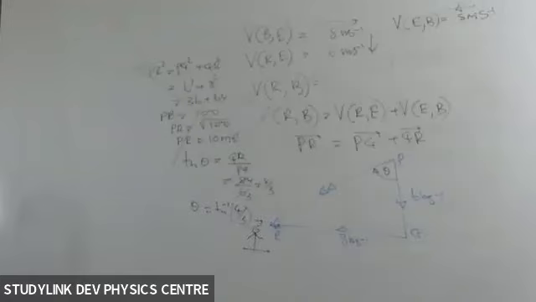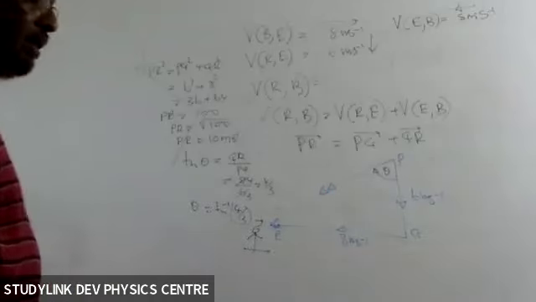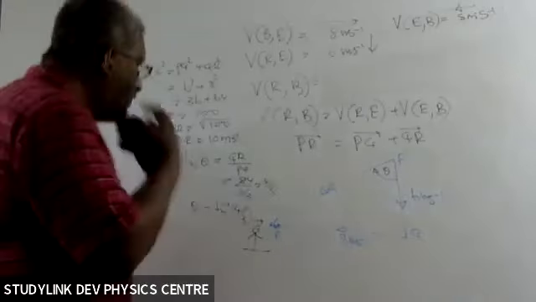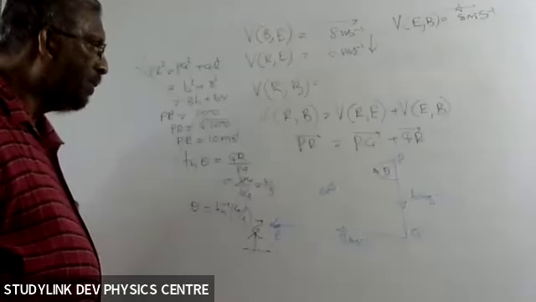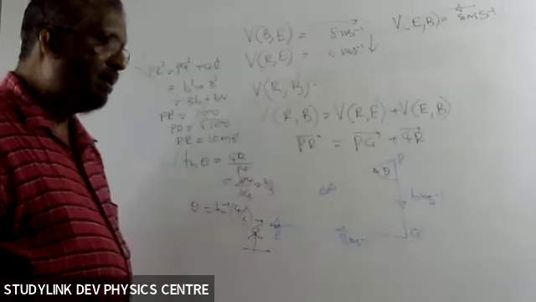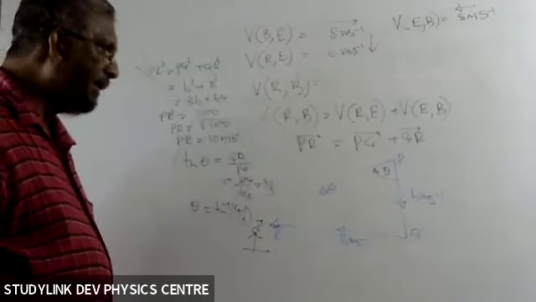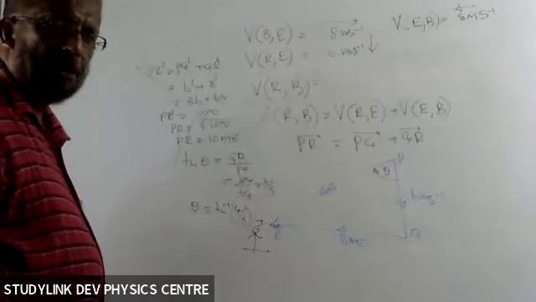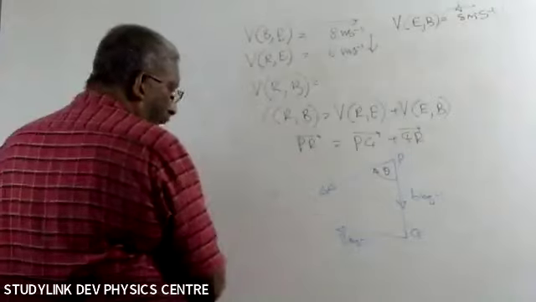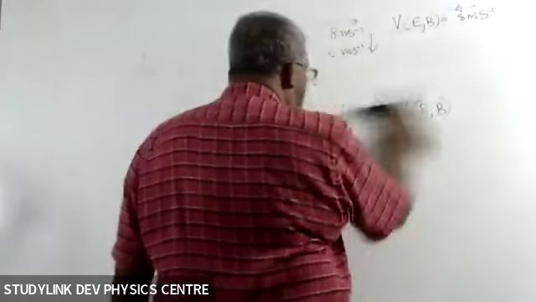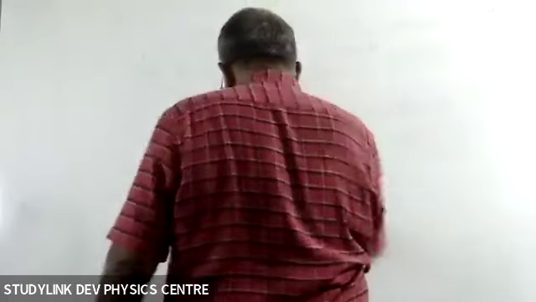Then I'll give you the last one. Same thing, but the drawing method is different. Example. A car is moving towards north with a speed of 8 m s^-1, and it rains with a speed of 6 m s^-1.